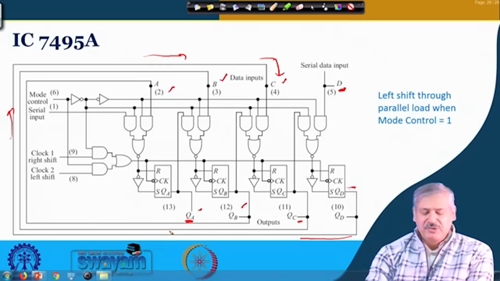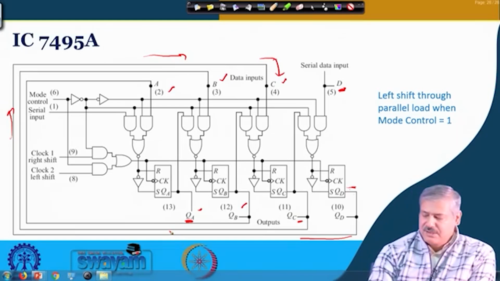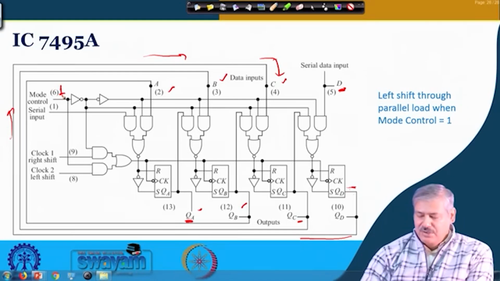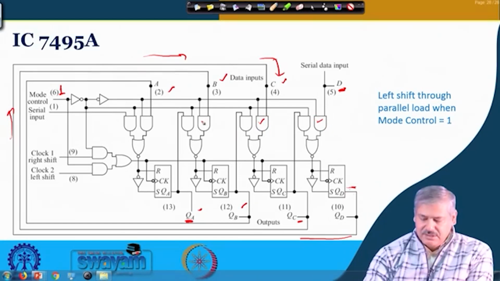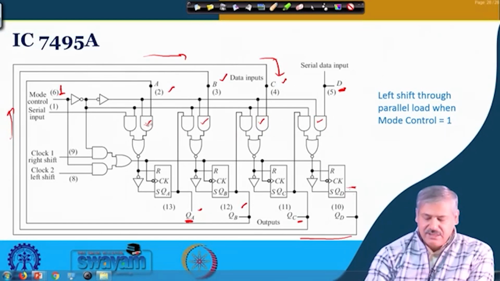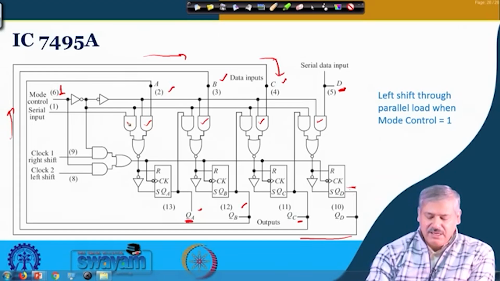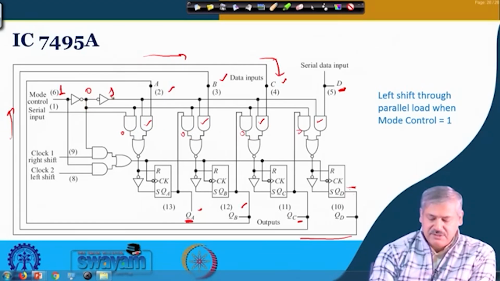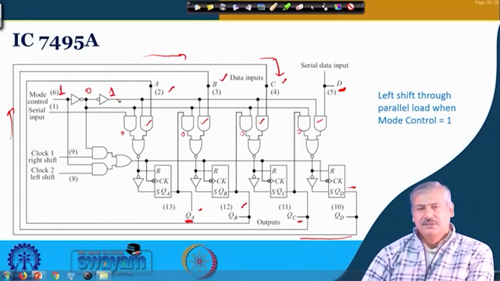The mode control part we have already seen. So, basically when it is 1, then this AND gate and this AND gate are active, and the other AND gates, these outputs are all 0, okay. These outputs are all 0 because it is coming from here and this is your 1, okay.